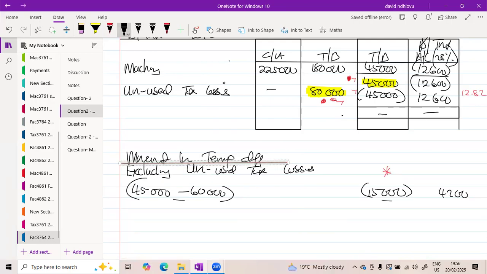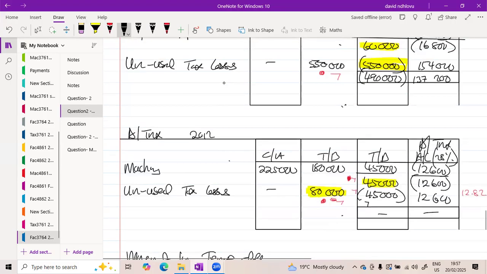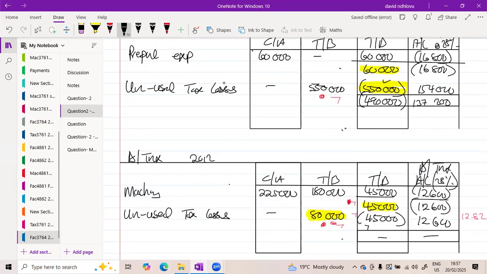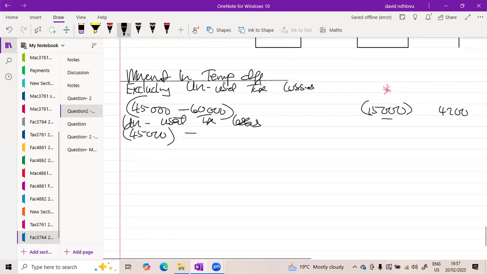Right, once we have that particular amount, then we go to movement in unused tax losses. In which case you say 45,000 negative, that's your unused tax losses recognized. In the prior year, you would have recognized the full 550,000 in unused tax losses, which is a negative amount.